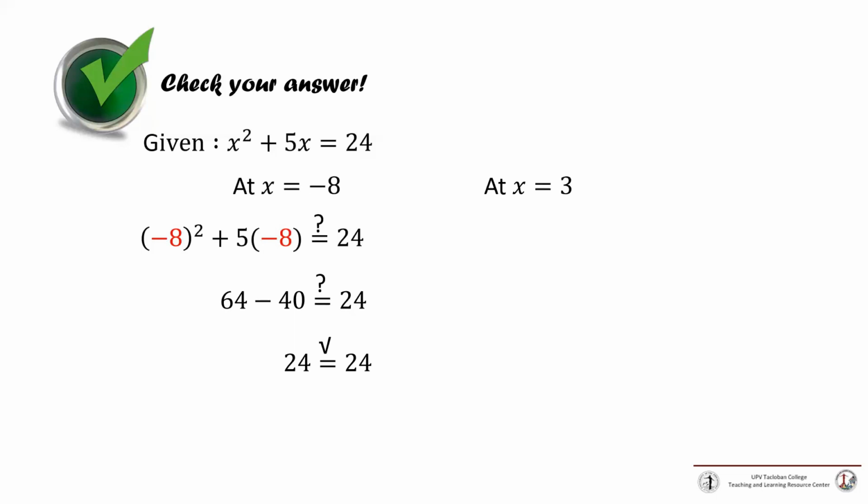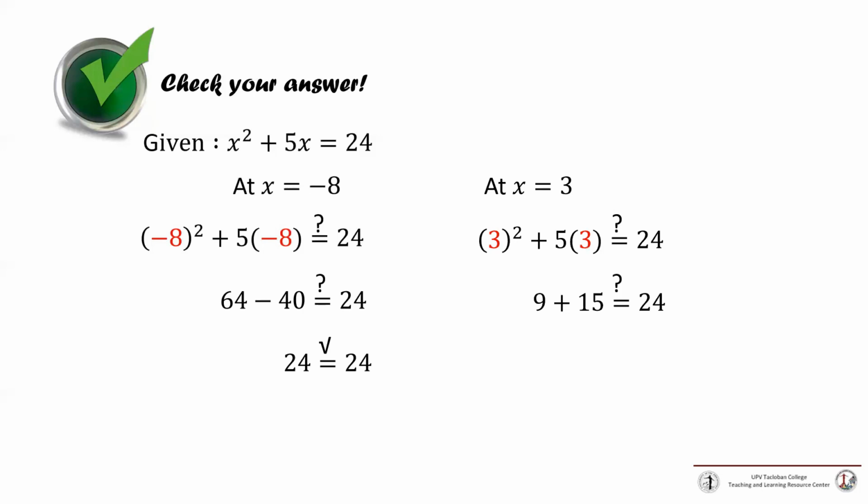Now, how about x is equal to 3? At x is equal to 3, we substitute 3 for the variable x. That is 3 squared plus 5 times 3 is equal to 24. Then we simplify the values on the left side. We have 9 plus 15 is equal to 24.